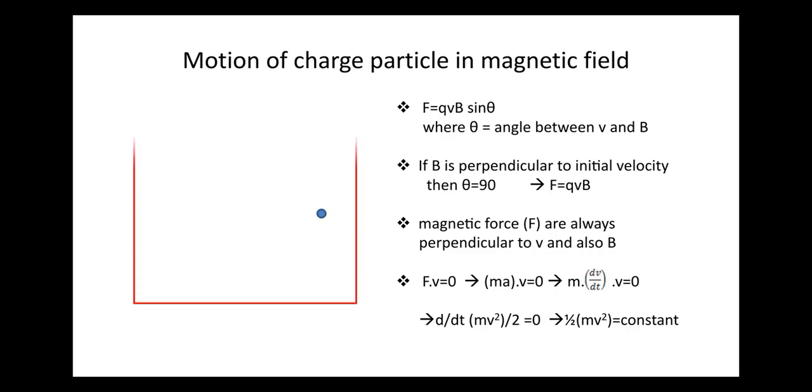Suppose this is the region of uniform magnetic field, and the magnetic field is perpendicular to this screen, with its direction outward as shown by the red arrow in this diagram.